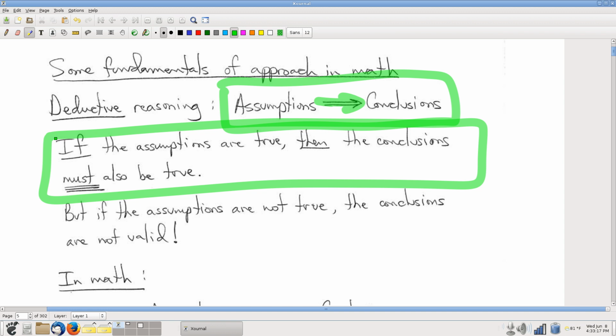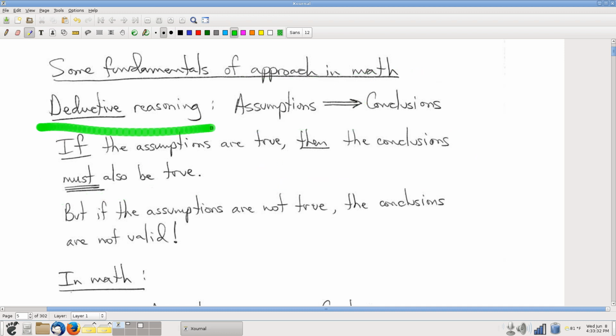When the assumptions are true, then generally the conclusion is usually true, anything like that. We're talking about it must be the case that the conclusions are true if the assumptions are true. So this is called deductive reasoning. And this is one of the deep underlying ideas of how math is done.